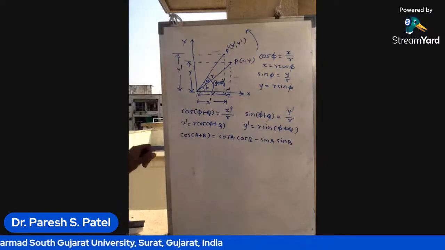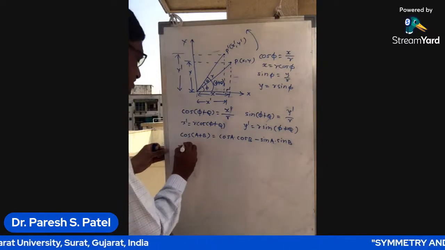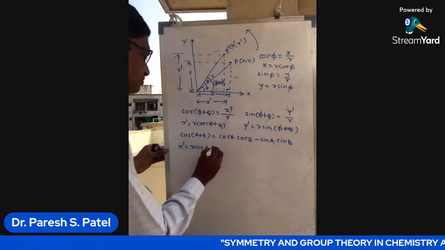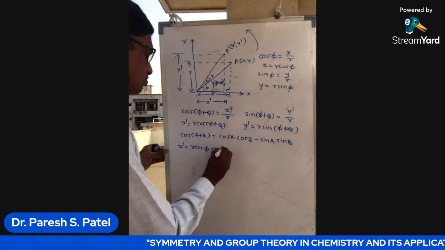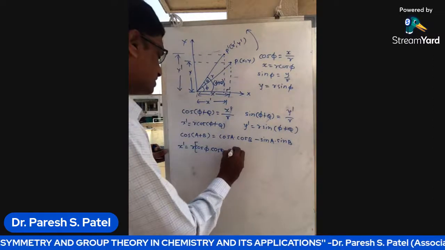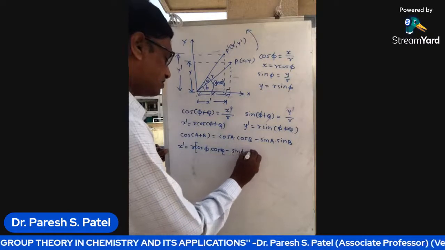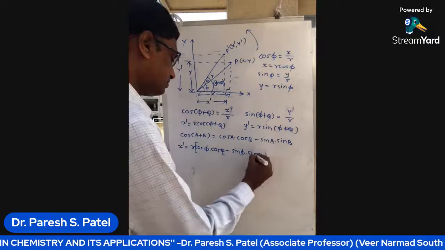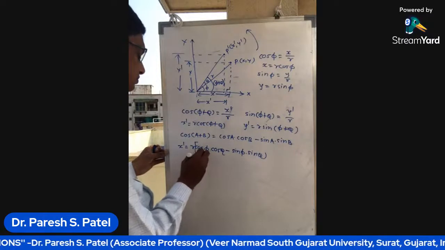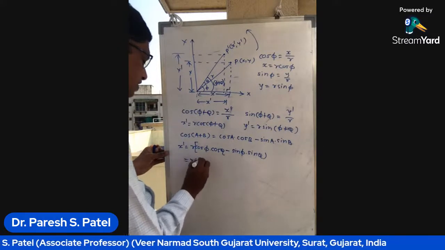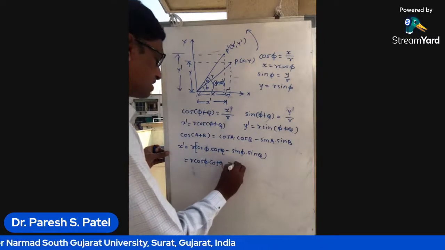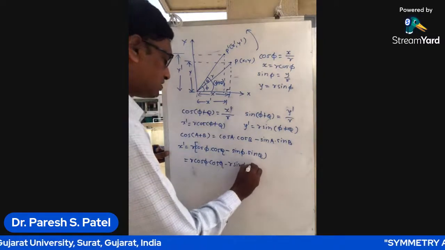Now substitute this value. So x dash is equal to r cos phi cos theta minus r sin phi sin theta.